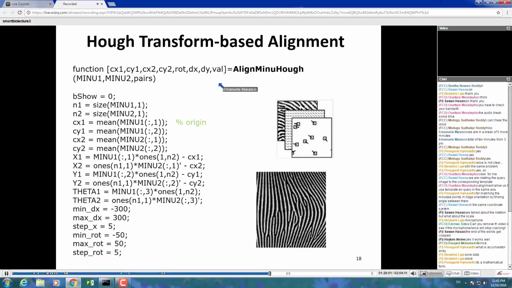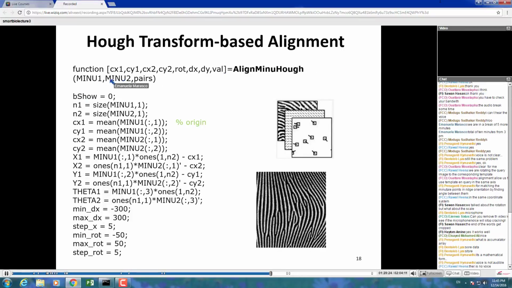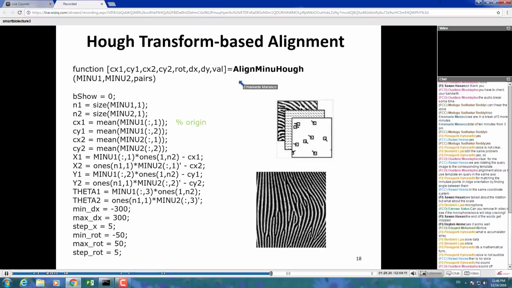Second step, rotation, and then the output will be delta x, delta y, and the delta theta. So we have the number of minutiae, and the aligned minutiae. These are just some examples where we apply the Hough transform and include the normalization window.